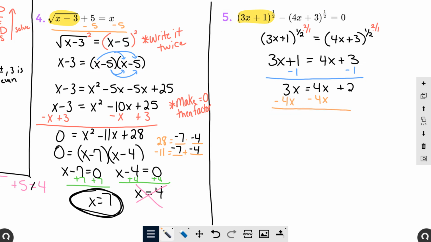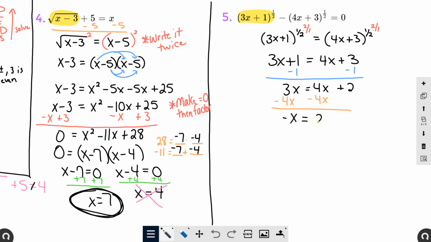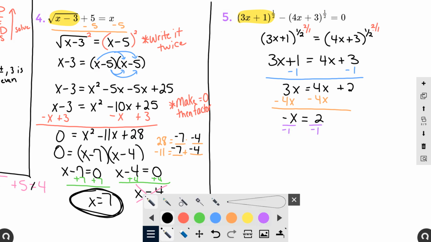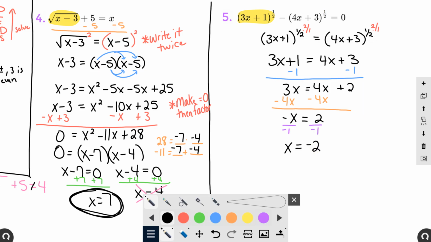So we get negative 1x, or just negative x equals 2. And then we would divide by negative 1. So positive x equals negative 2.